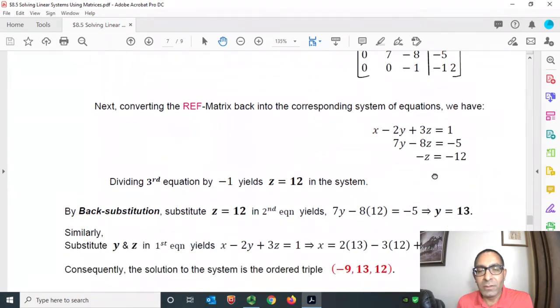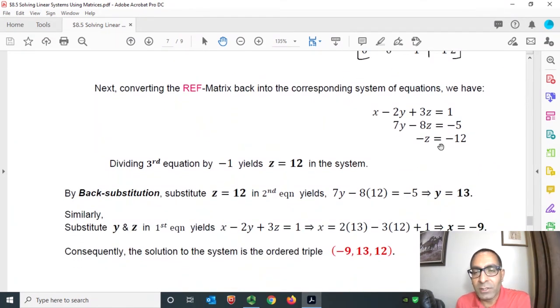Now to use back substitution, from the last equation, z equals 12. Then put the value z equals 12 in the second equation and simplify. That gives the value of y, which turns out to be 13. Put y equals 13 and z equals 12 back in the first equation and simplify.